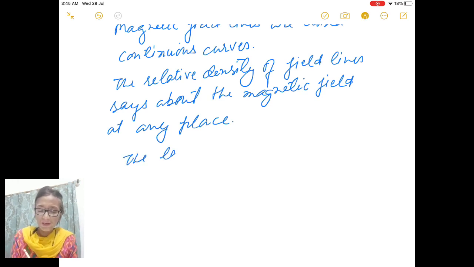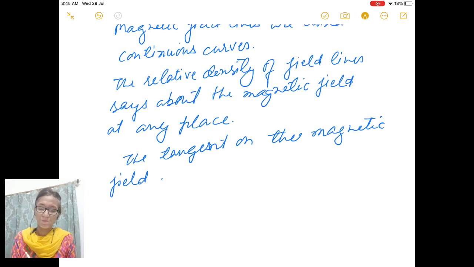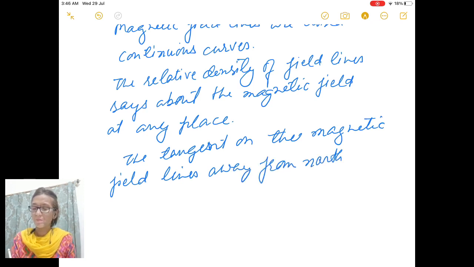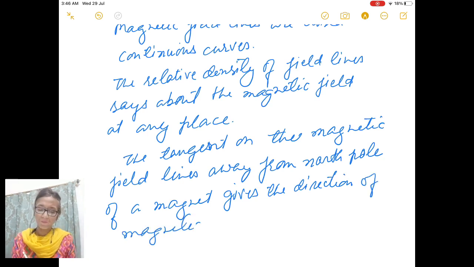So, the tangent on the magnetic field lines away from the North Pole of a magnet gives the direction of the magnetic field at that point.